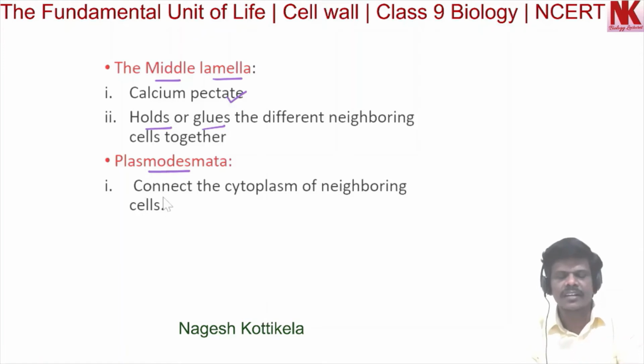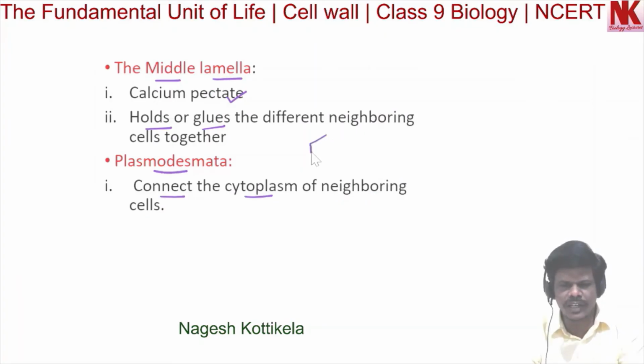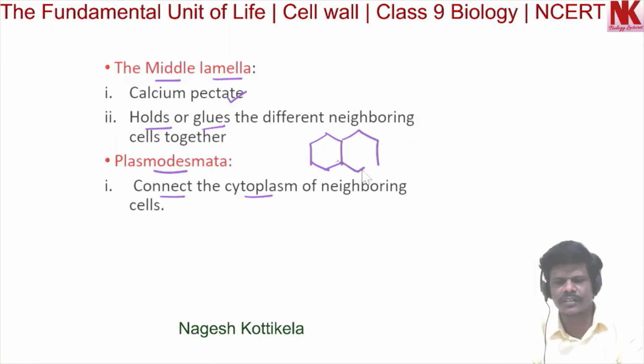These are the structures that connect the cytoplasm of neighboring cells. If we look here in a rough diagram, let's suppose this is one plant cell and this is another plant cell, and here we find plasmodesmata. So plasmodesmata are connecting the cytoplasm of neighboring cells.